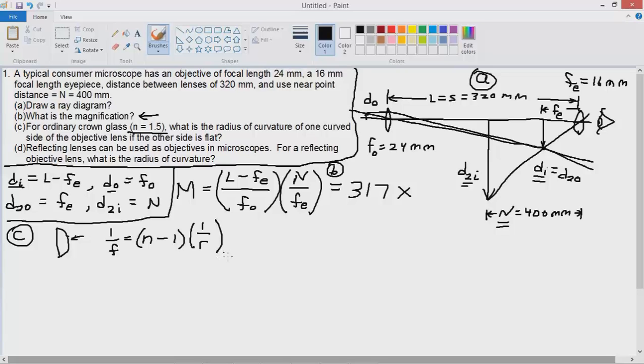Since one side is flat, that radius of curvature is infinity, so we just have to write this. We know the focal length is 24. It is the focal length of the objective, and we just solve for R.